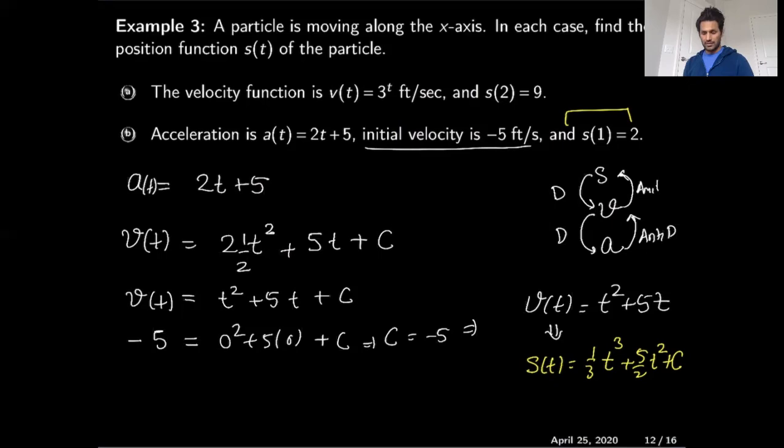So with t equal to 2, this is going to be 1/3 plus 5/2 plus c. Sorry, c was -5 here too. I missed that -5. So therefore, the antiderivative of this function will be minus 5t plus c.